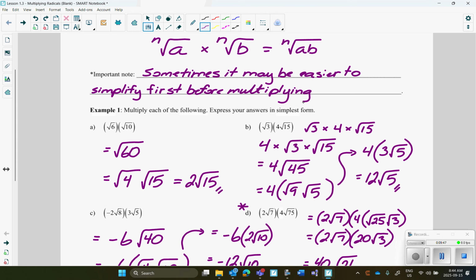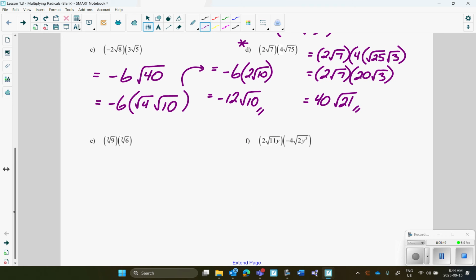All the questions we've done are square roots. It works with cube roots too, as long as they're both cube roots. What would you get if you multiplied these two together? Cube root 54. Remember, don't forget the cube root. A common mistake students make is they always think they're dealing with square roots.